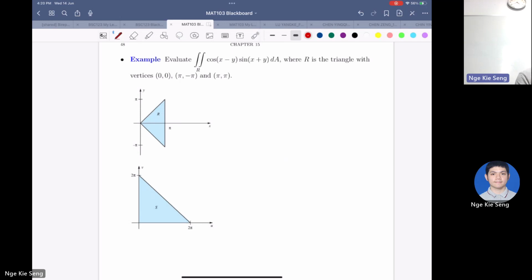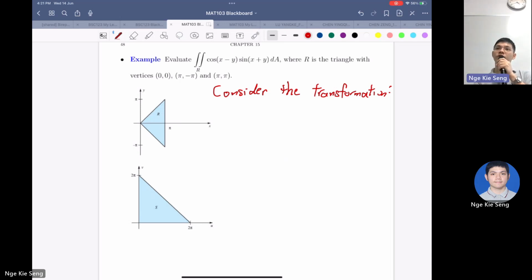Really, what we're doing with a transformation is a bit like substitution. There are two variables here, right? So we should consider a variable change from 2 to 2. How do we make this integral easier?